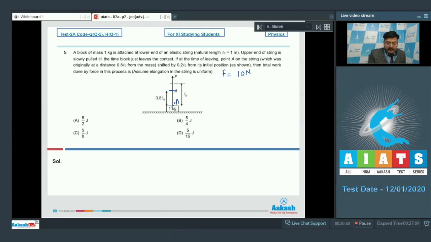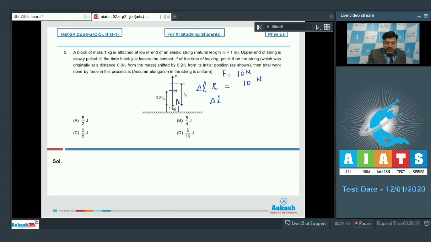If the total elongation of the string is delta L, then delta L into effective spring constant is equal to 10 Newton. That's what we have, right? In fact, it's given to us.